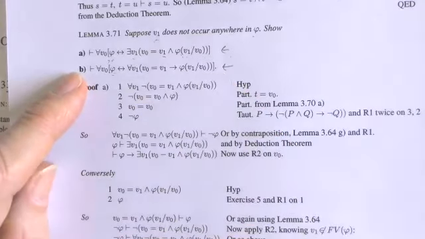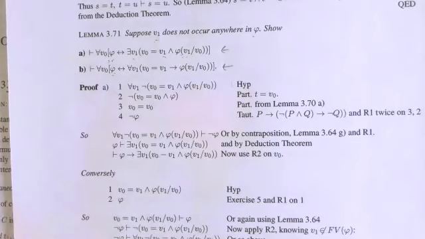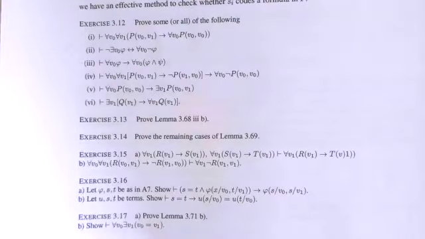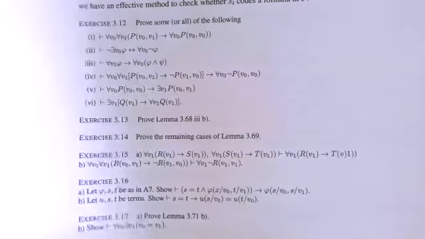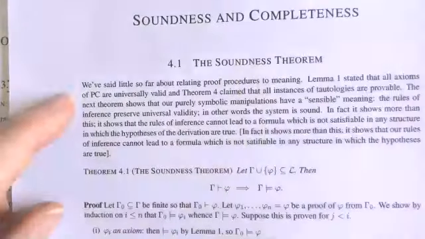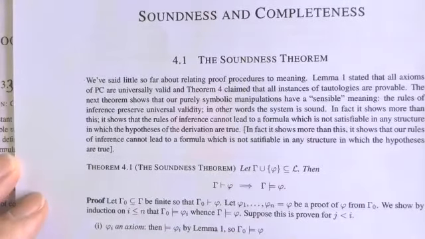So I keep the proof here, but we're not going to go through it. I'm going to skip it here. Fine, that takes us up to the end. We'll come back to that remark later in the course. So what we'll do next time is move on to the next section here, the soundness and completeness.